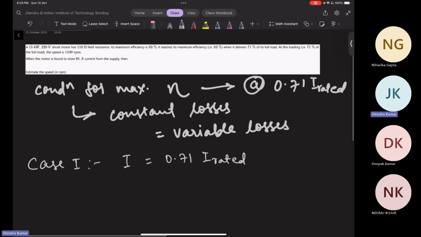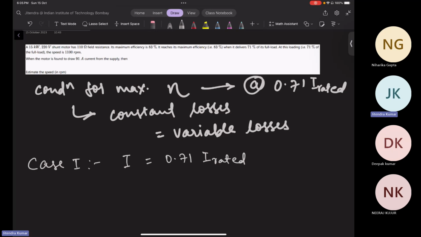Now, at maximum efficiency, constant losses are equal to variable losses, right? So first we have to find out what the currents are at that loading. How to find the armature current, because we know neither armature current nor line current?